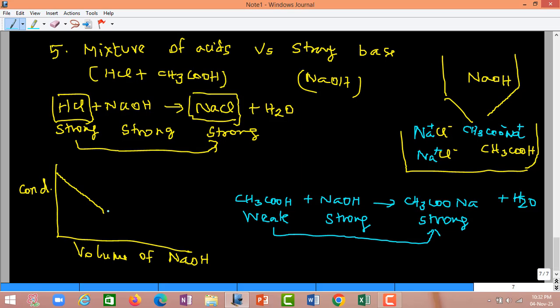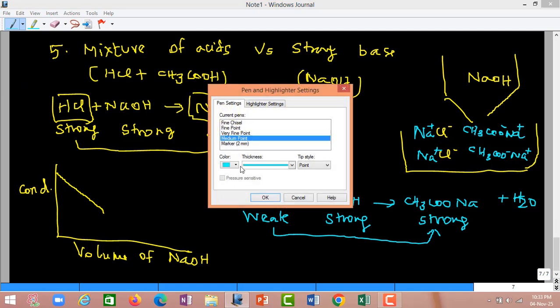As you add more sodium hydroxide, the remaining acetic acid molecules will also react, and the weak acetic acid is converted into strong sodium acetate, and the dissociation increases, the number of ions increases, and conductance also increases.